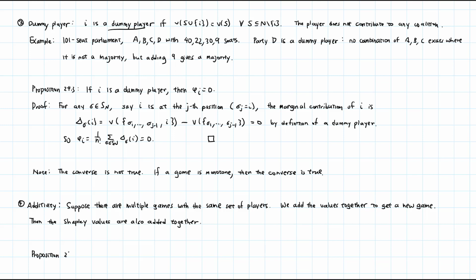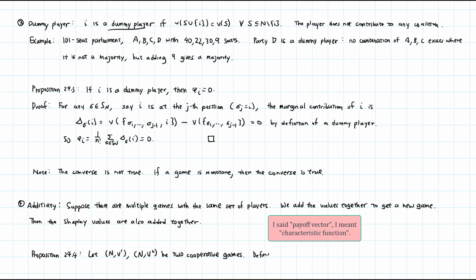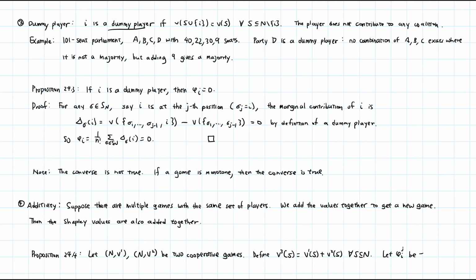Here is our proposition. Let N, v1 and N, v2 be two cooperative games. We define a new payoff vector v3 by v3 of S is equal to v1 of S plus v2 of S for all subsets S of N. We let phi i j be the Shapley values of player i in N, vj, where j is equal to 1, 2, or 3.